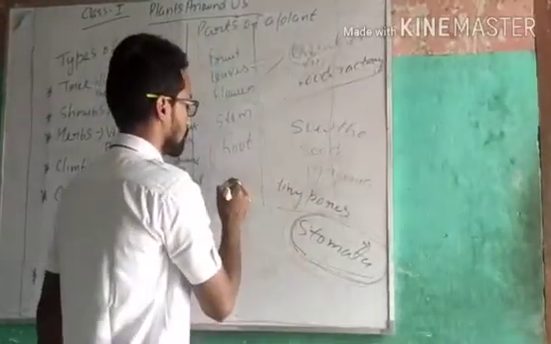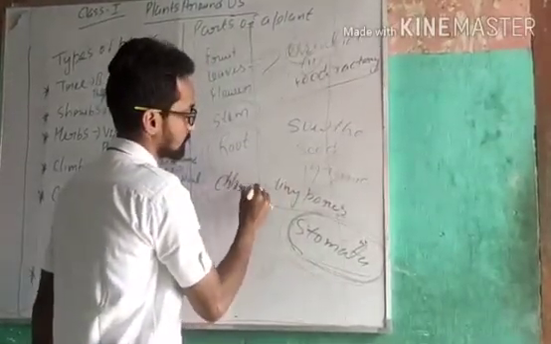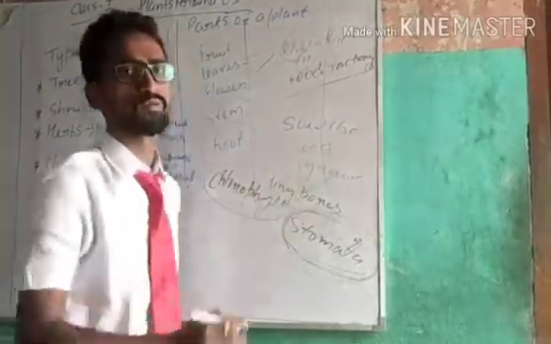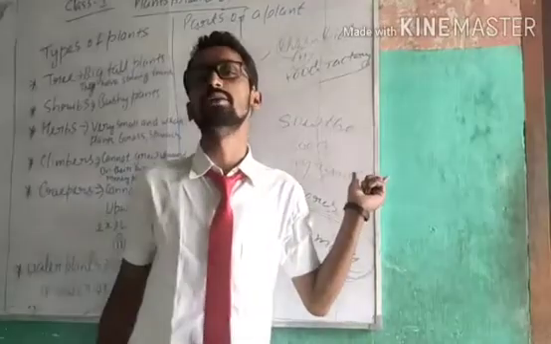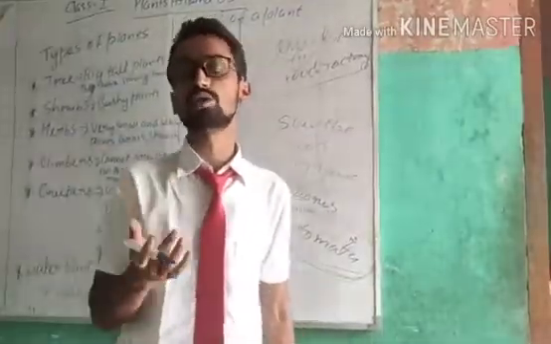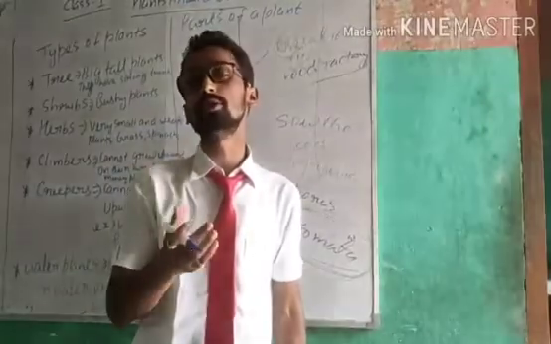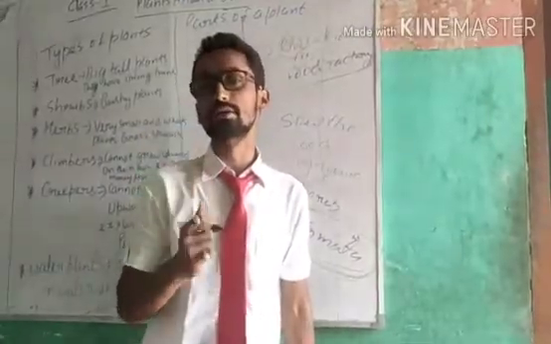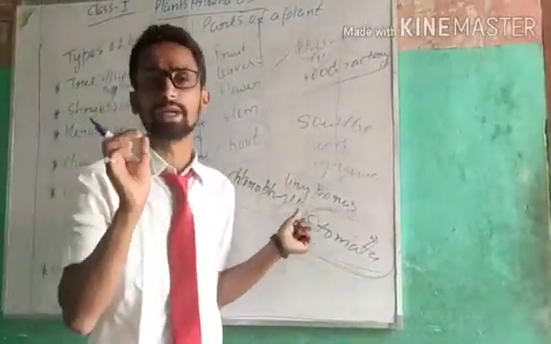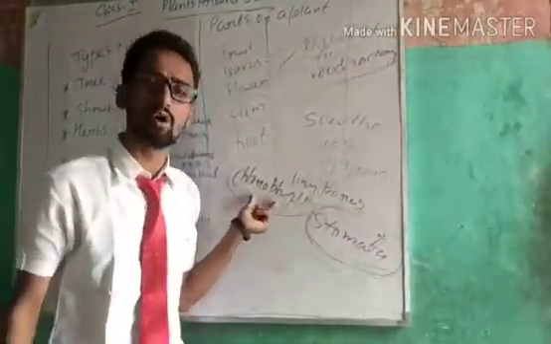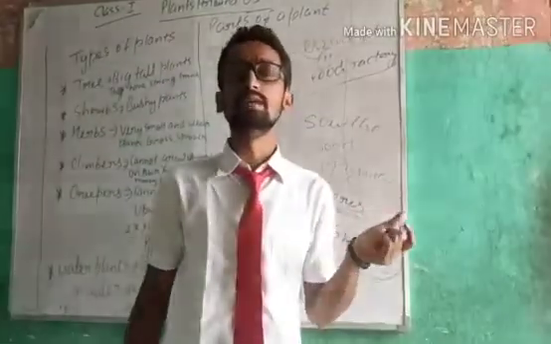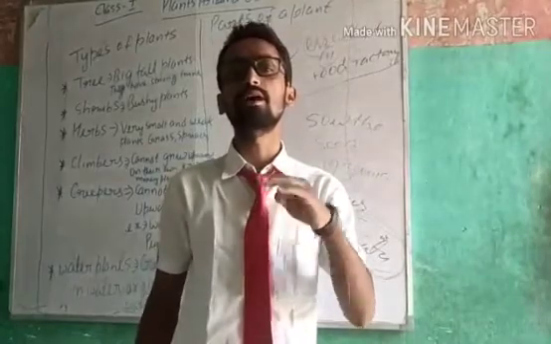And chlorophyll. Due to the presence of chlorophyll, the leaves of the plant look green. If anyone asks you why the leaves of a green plant look green, you have to say it is due to the presence of a green pigment known as chlorophyll.